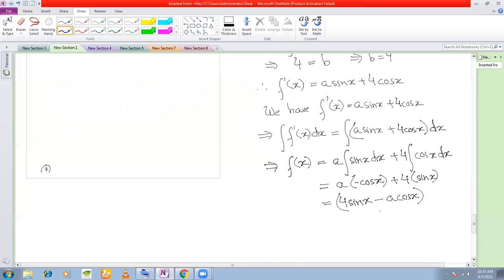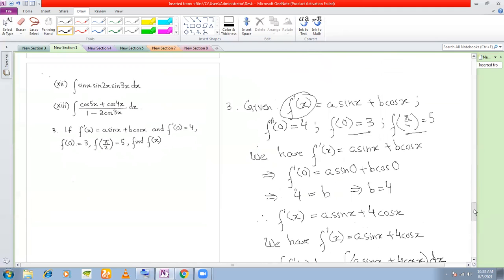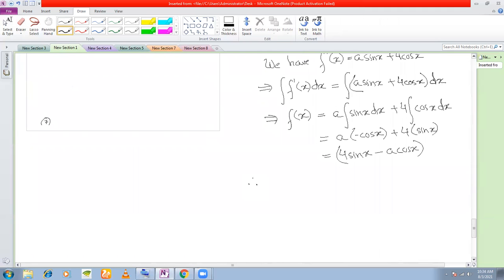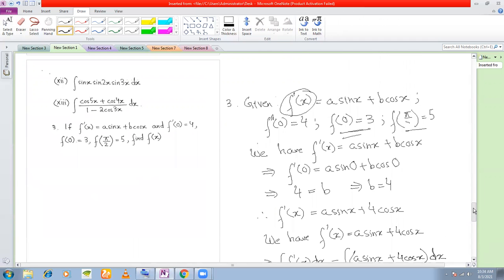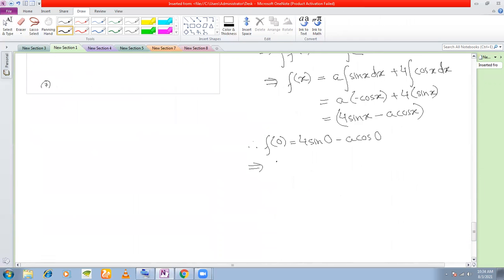Okay. Now what are the values of fx given here? F0 is given to be 3. So put x is equal to 0. Therefore, f0 is equal to 4 sin 0 minus a cos 0. F0 is given as 3. Put the value, 3 is equal to 0 minus a.